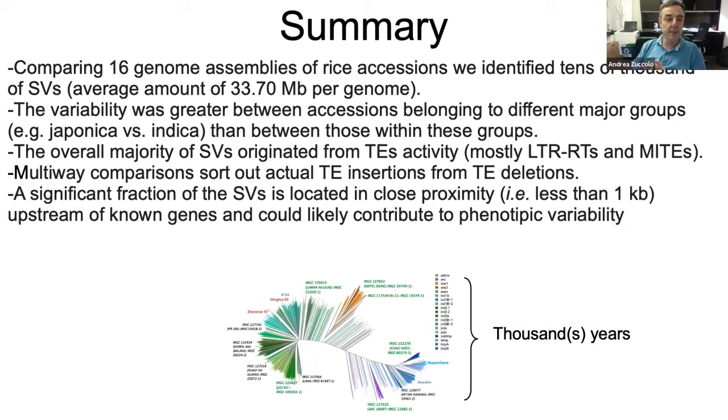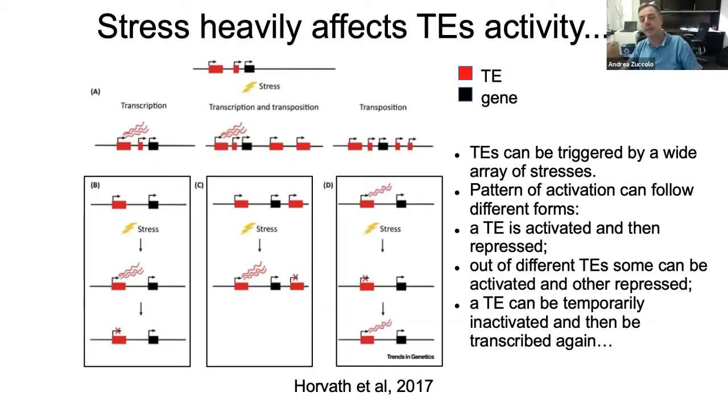The overall majority of SVs originated from TE activity, mostly long terminal repeat retroelements and MITEs. A significant fraction of the SVs is located in close proximity, less than 1 kb upstream of known genes, and so very likely they can contribute to phenotypic variability.